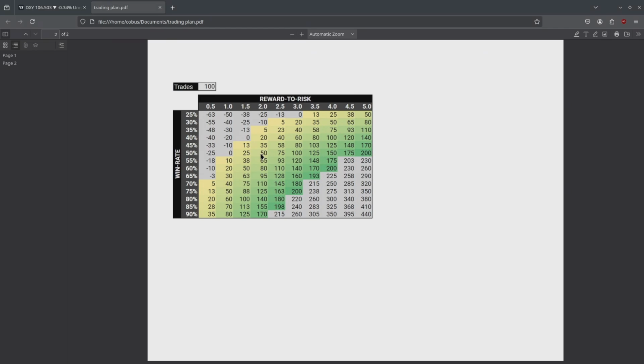That's a lot of money that could pay a couple of bills, that could go into savings, and you could be living a comfortable life. And you're 50% profitable.